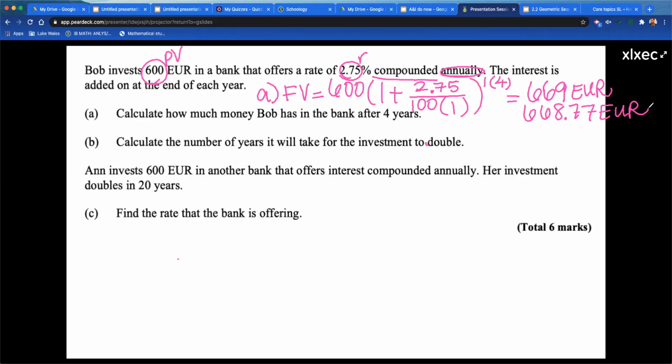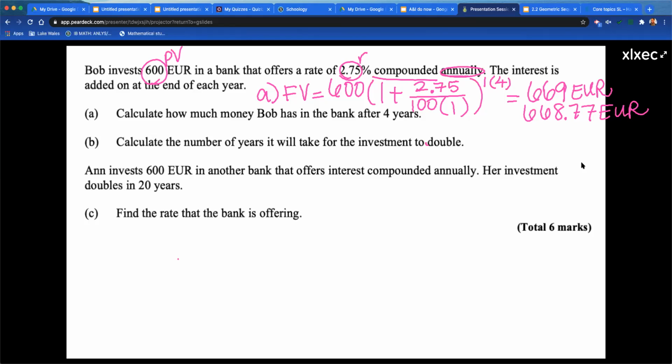Okay, so now it says calculate the number of years it will take for the investment to double. Well, how much did they initially invest? 600. So double would be what? 1,200. Yes, and since I'm looking for my number of years, what variable am I looking for in the compound interest formula?